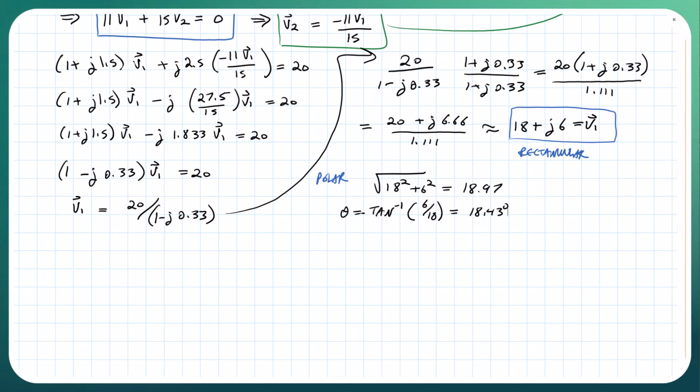So our V1 in polar format is 18.97 at an angle of 18.43 degrees.